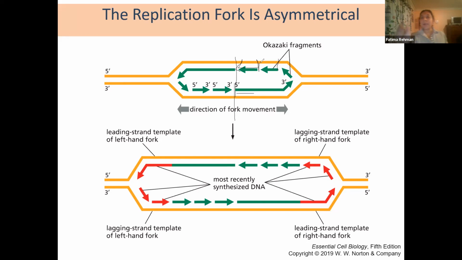And so there'll be a bunch of small fragments of newly synthesized DNA along this side, the 3' to 5' portion of the origin of replication. And these little fragments are what we call Okazaki fragments, after the person who found them.